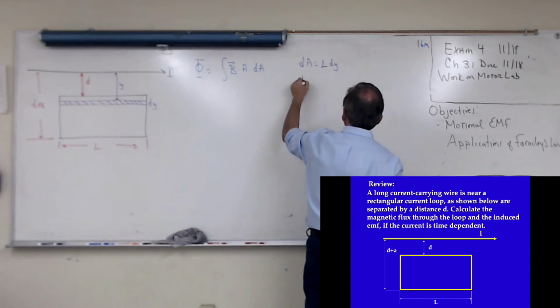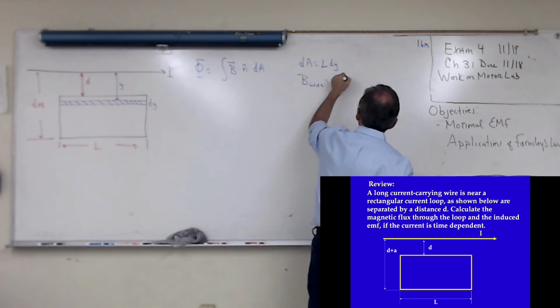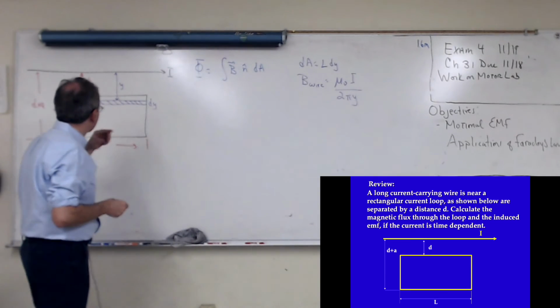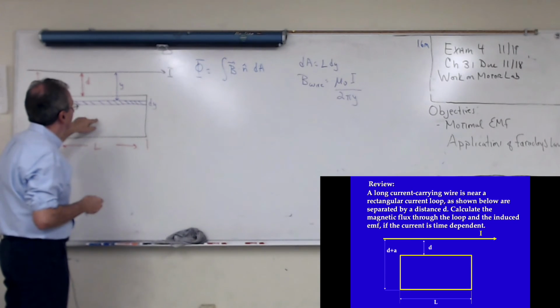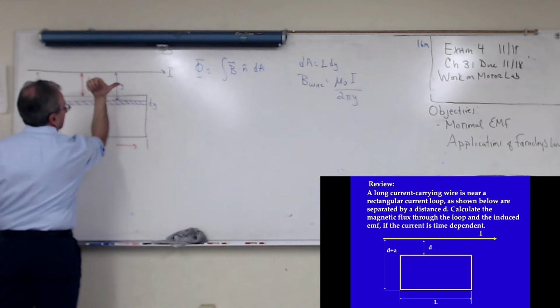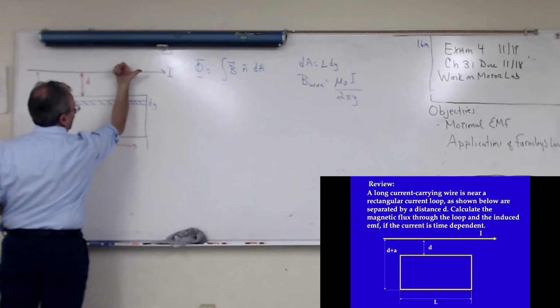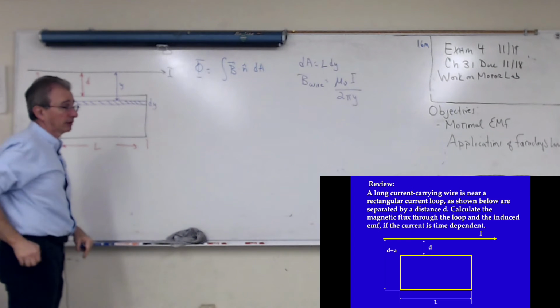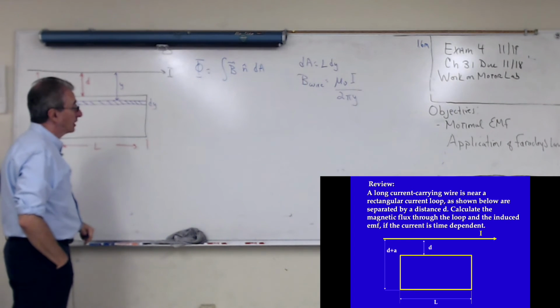This is the magnetic field due to a long wire. Point my fingers in the direction of current, my fingers curl into the board, so the magnetic field is into the board. So I'm going to choose n into the board.